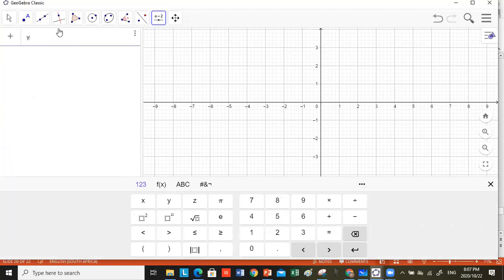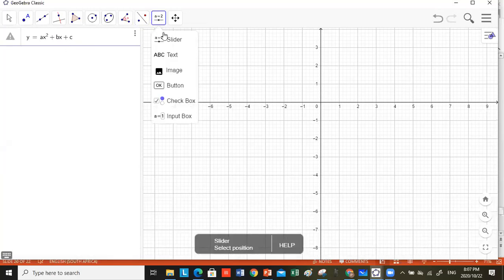Let's try. Y equal to ax squared, this space is going to give me a problem. So it's a x squared plus bx plus c.